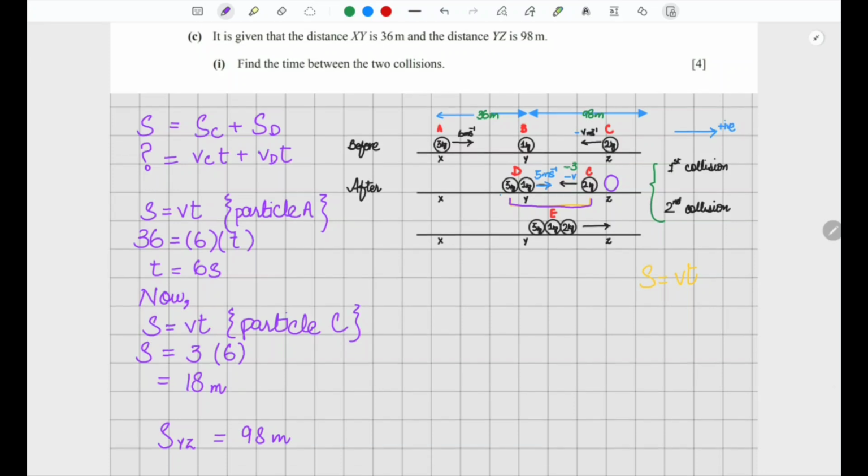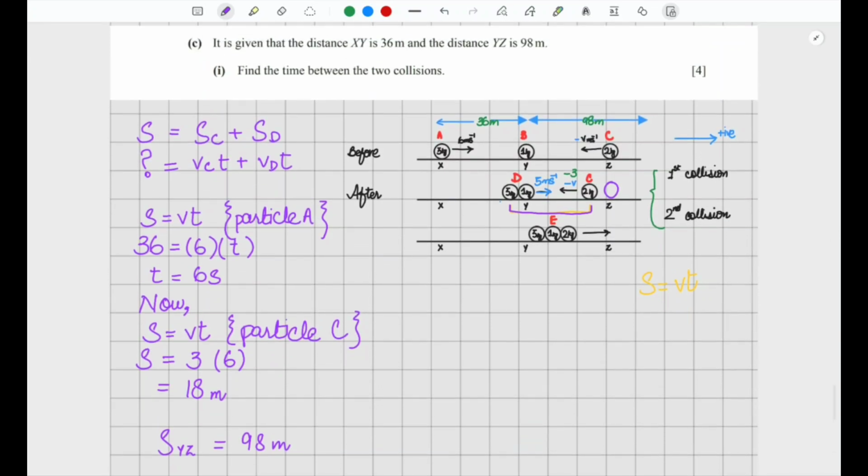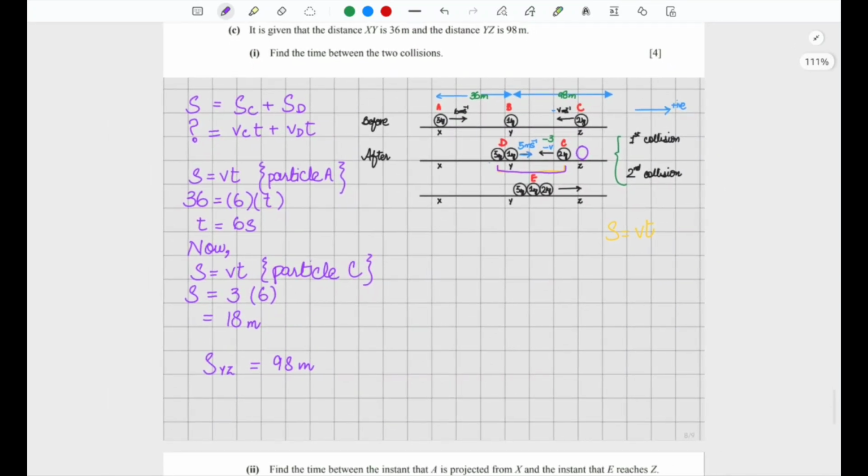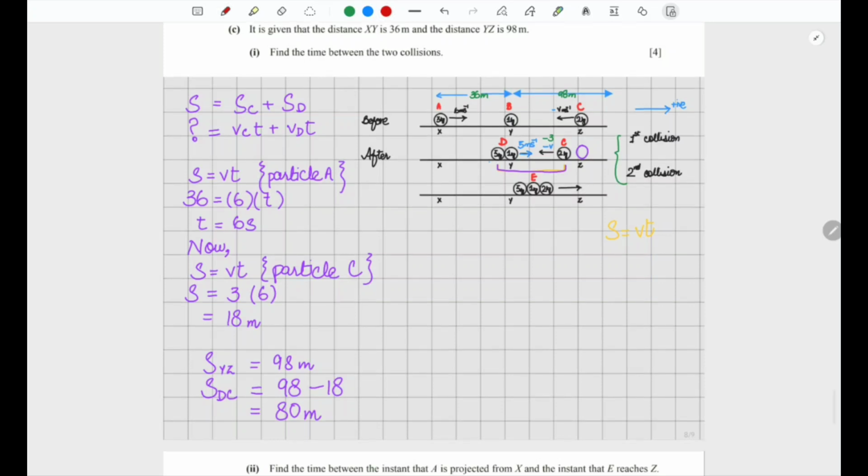So now the distance between D and C would be 98 minus 18, and that would be 80. So now this 80 meters needs to be covered.